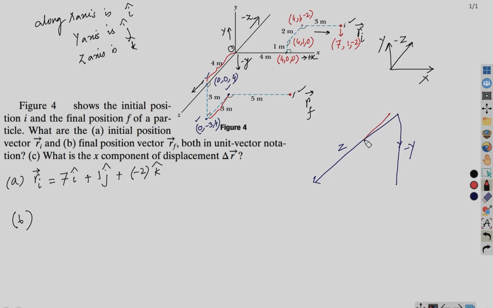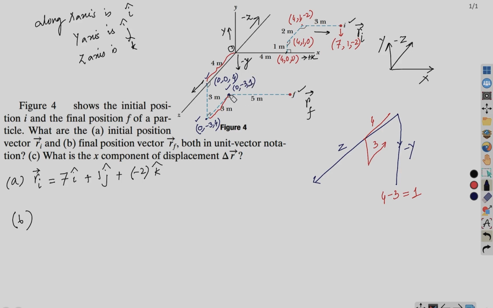We came here 4 meter, then we again go opposite to this direction 3 meter. Therefore, our displacement is 4 minus 3, right? Equals 1. So the coordinate of this point is 0, -3, 1. Yes.